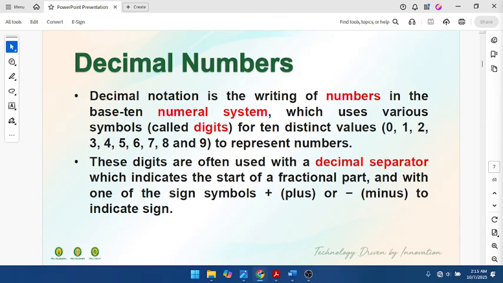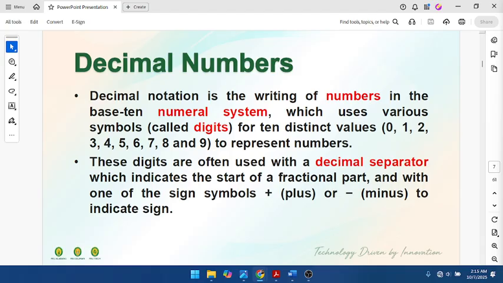The name base 10 comes from the fact that it uses 10 unique symbols, which we call digits, to represent possible numbers. These are, of course, 0 through 9, and every number you use in our daily life, from our age, for example, to the price of a product, is represented using this system.